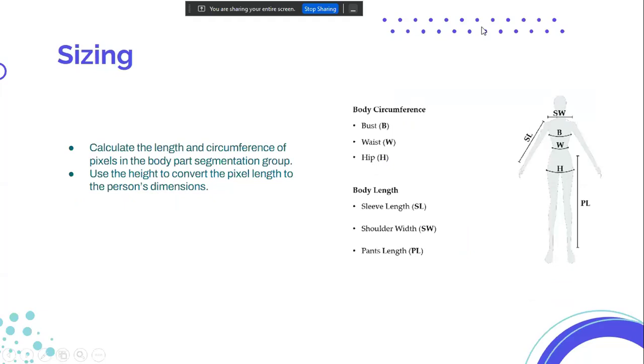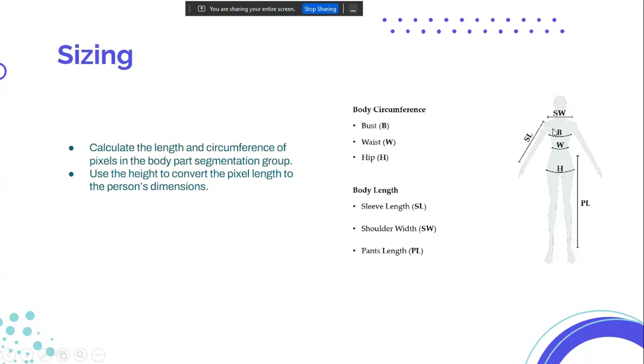So this is how it works. If you've gone to a tailor before, I'm sure you've had your measurements taken, where they look at the different shoulder widths, they look at the pants length, they look at the hip, the waist, the bust, and all this. As you can remember from when we were looking at the different types of algorithms, there was something to do with the body parts. So when you take a photo, you can segment a person into different parts.